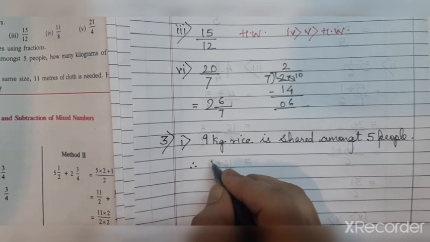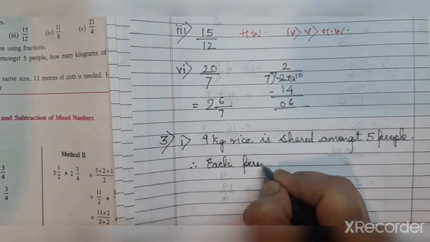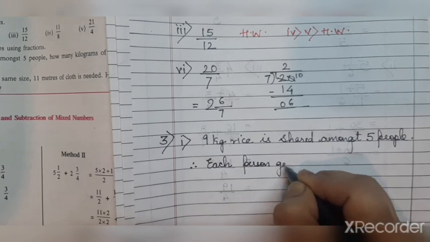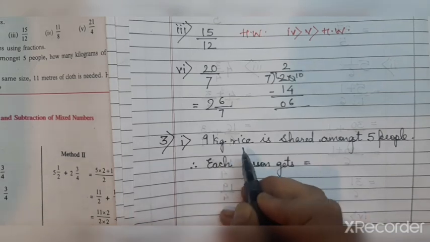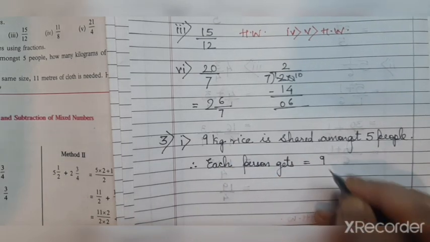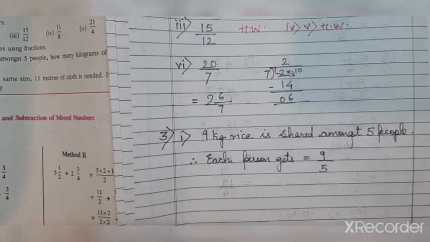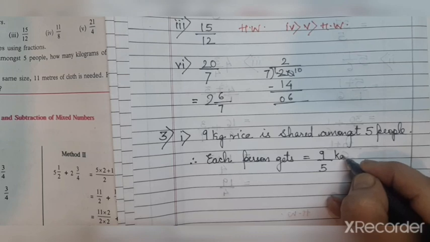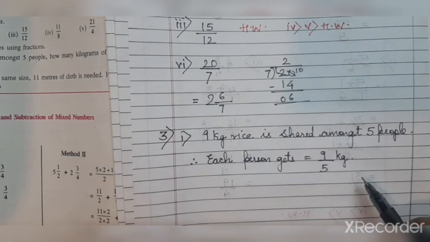Therefore, each person gets, as I told you, what has to be shared goes in the numerator. 9 kg of rice has to be shared, so it goes in the numerator, and the other number will come in the denominator. So each person gets 9 upon 5 kg.